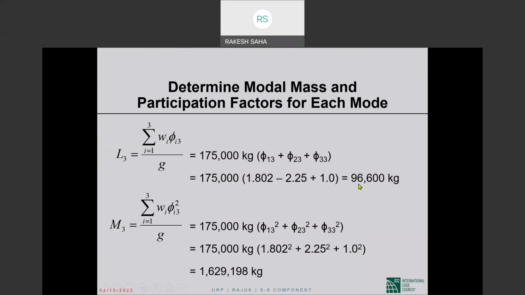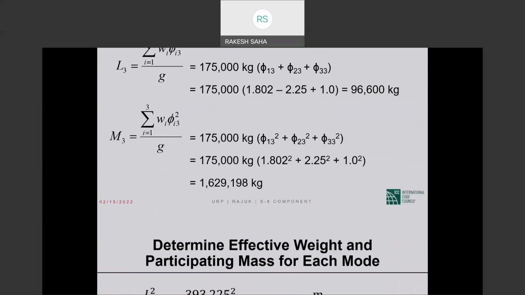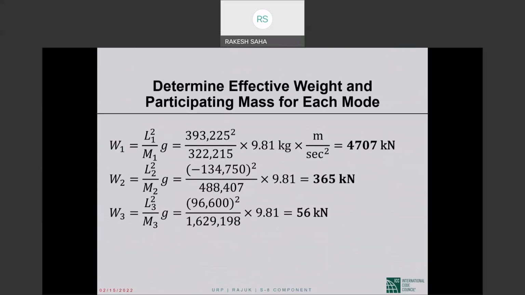This number comes to 96,600, and that number to a big number. Okay.